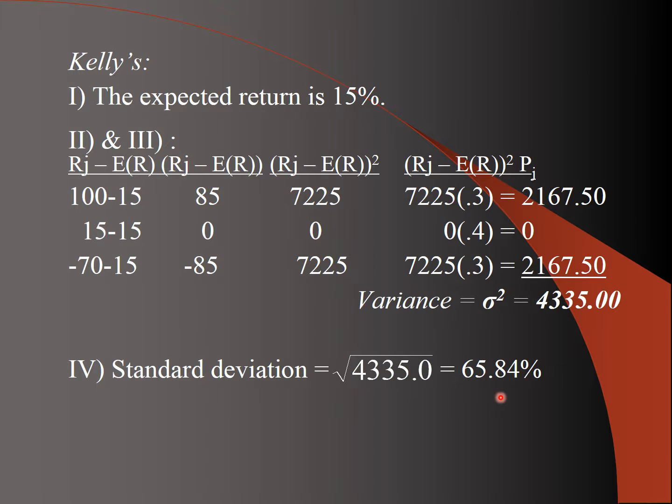So what does that tell us? Well, a large number there tells us that there is a lot of variability in the returns for Kelly Services. To put it another way, it tells us that our actual rate of return that we're going to get from Kelly Services is apt to vary a lot from that 15%.